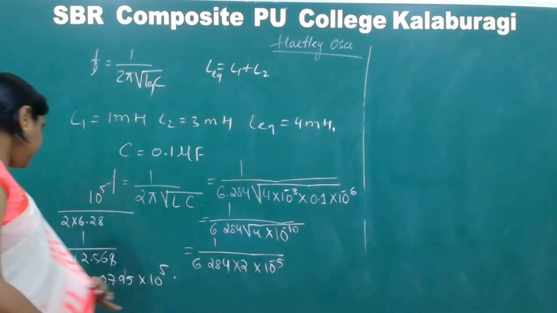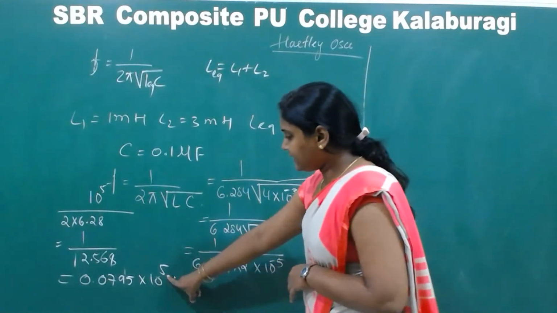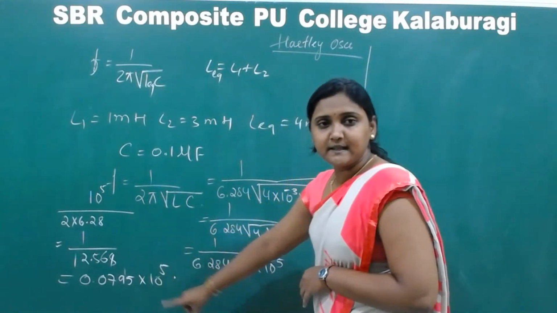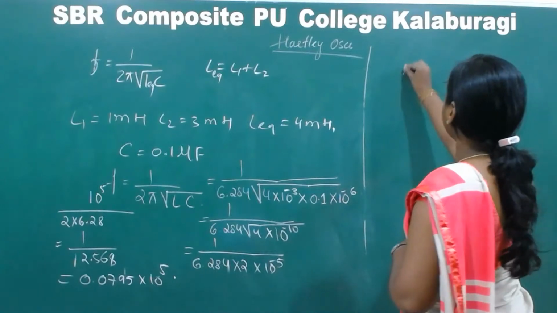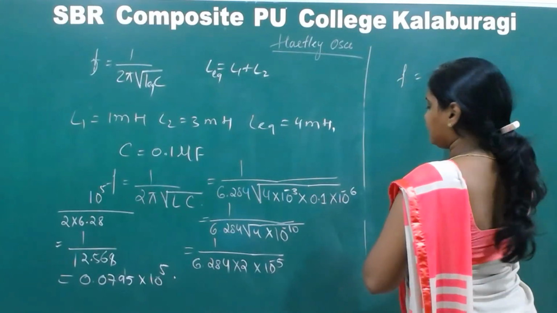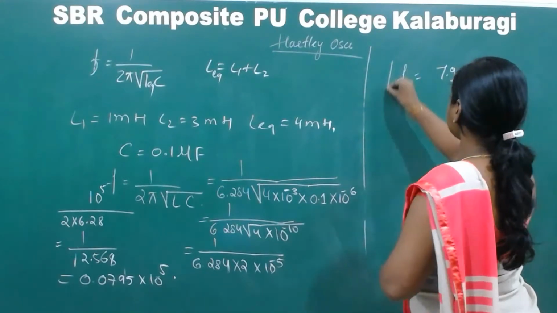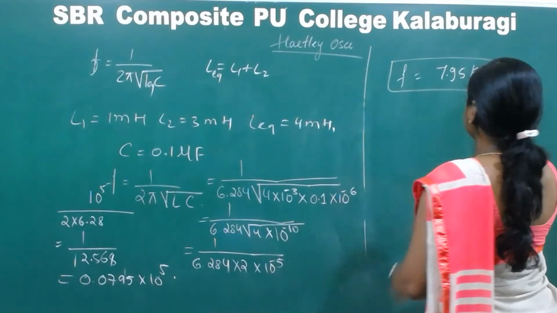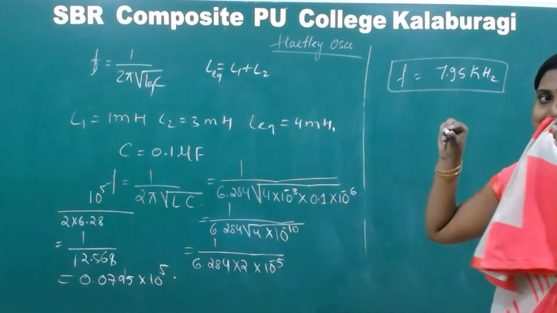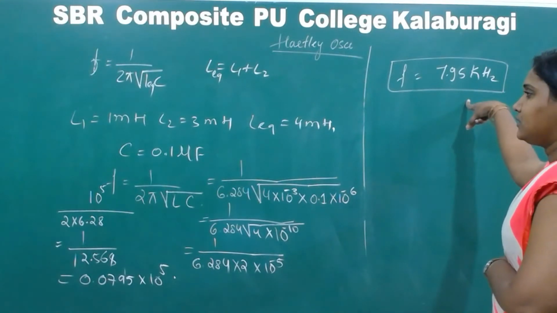So how can this be written? Taking 2 decimal points, because it is 10 to the power of 5, taking 2 there, it is left with 3, that is K. Frequency is equal to 2 decimal points shifted, 7.95 kilohertz. Frequency is equal to 7.95 kilohertz.